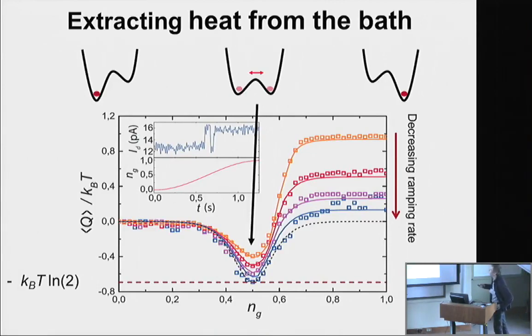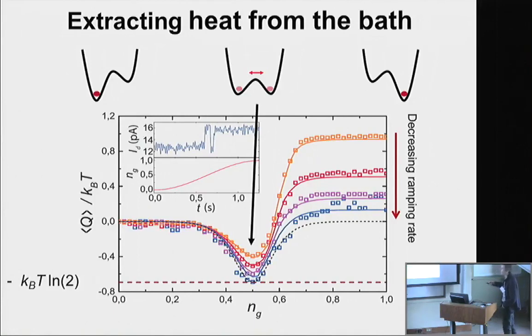So before showing the actual feedback experiment, I show here what is the heat that we really produce in such a process. So this is kind of a deterministic experiment. So you start again with one well preferred, and you move the system towards the degeneracy. If you do it many times and you evaluate how much heat you inject to the bath by counting the electrons that jump between the two wells, you see that if you do it relatively fast, you come to the degeneracy, you extract a little bit of heat from the bath.